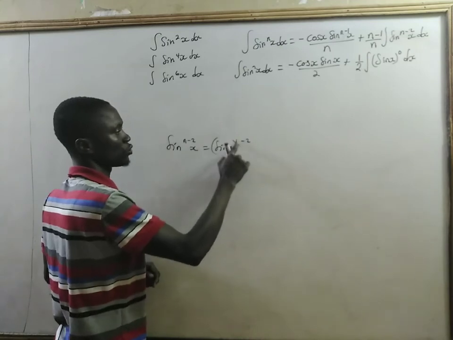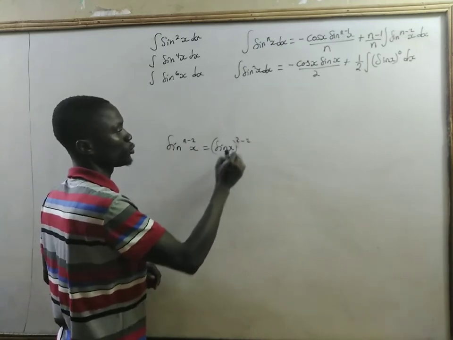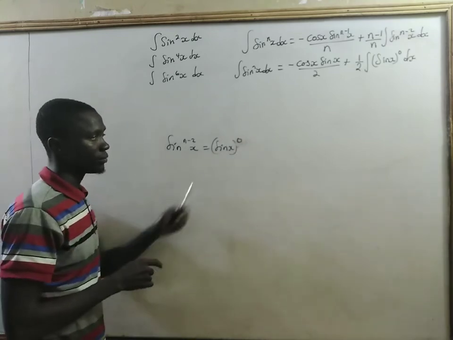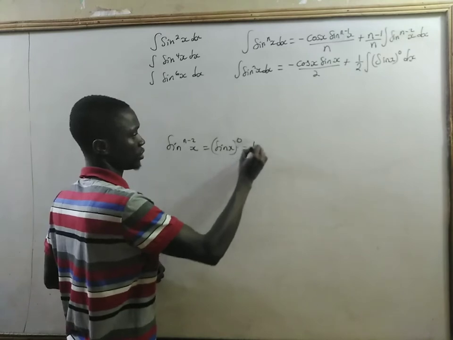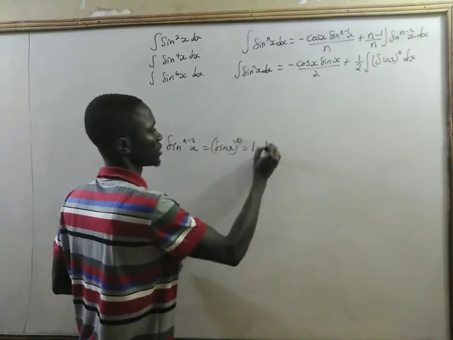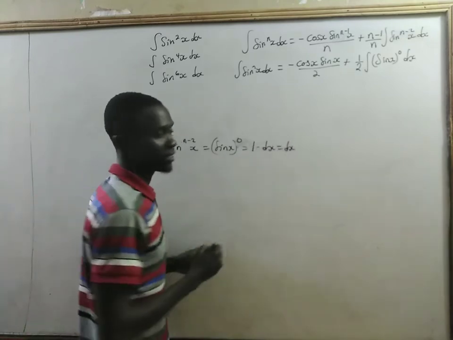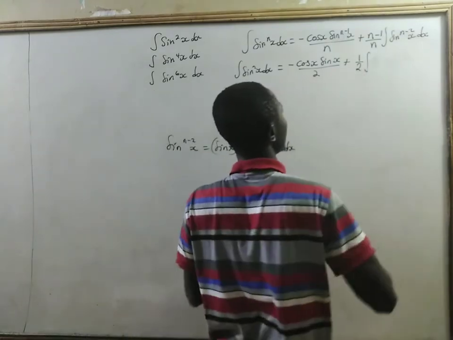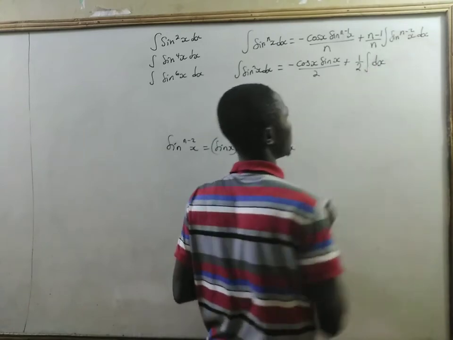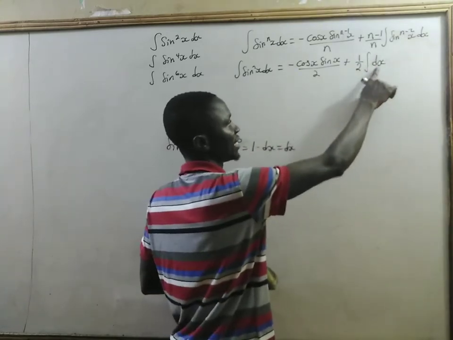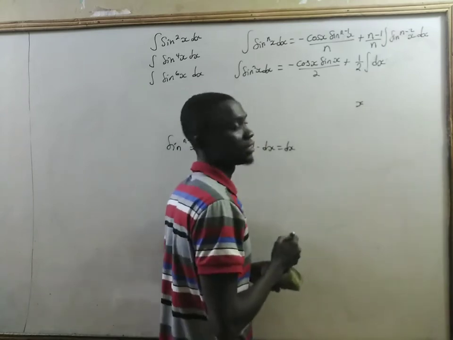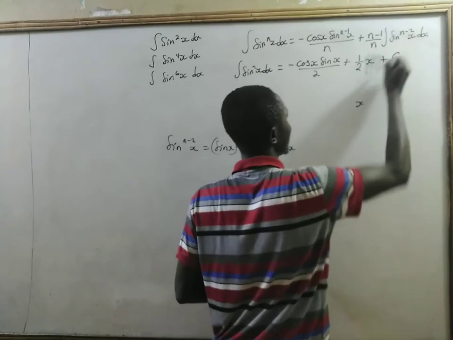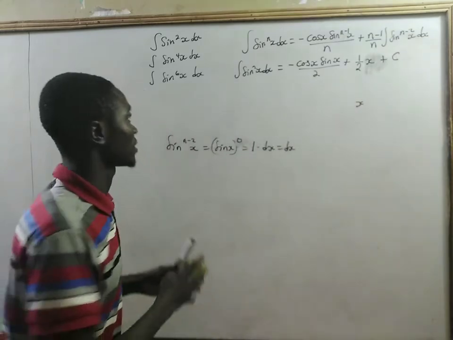So if n is equal to 2, then 2 minus 2 is 0. What do we get? Sine of x to the power 0 is 1, and 1 times dx is also dx. And the integral of dx is simply x. So we put here x, then we plus c, that is the integral constant.